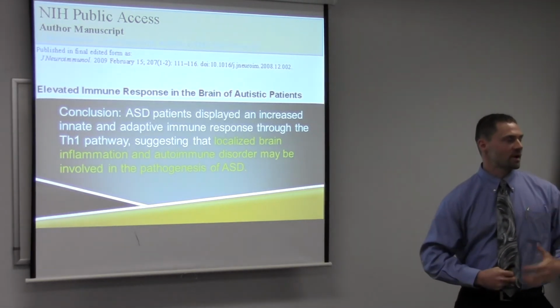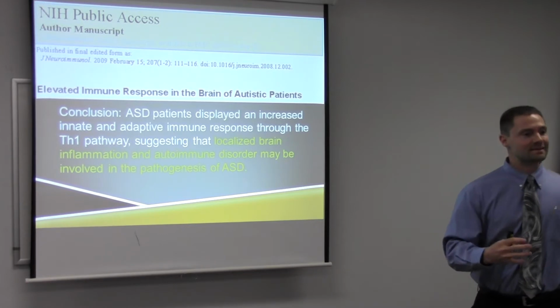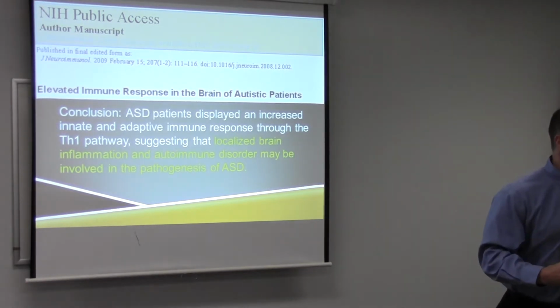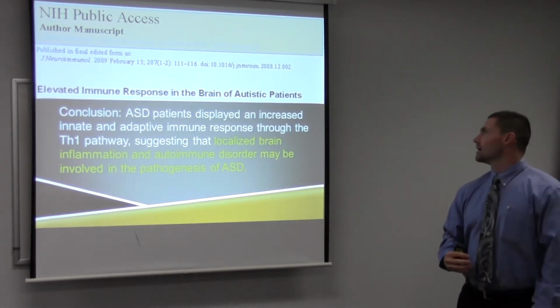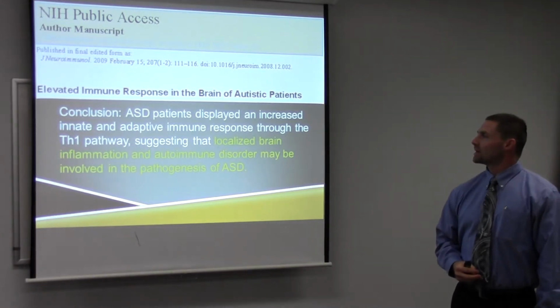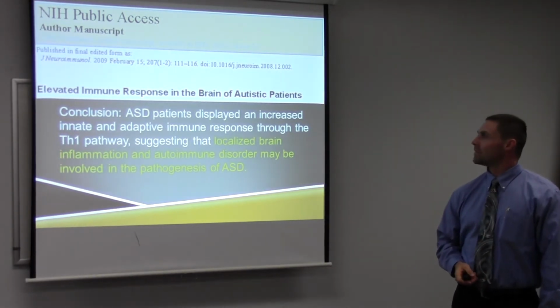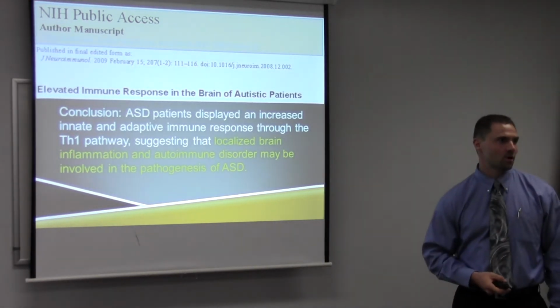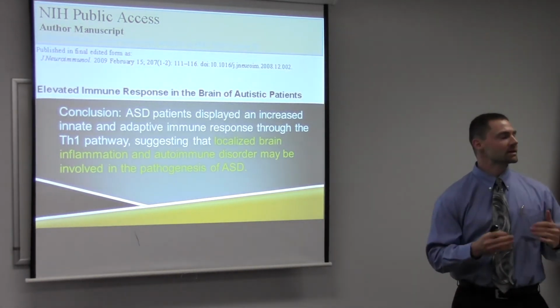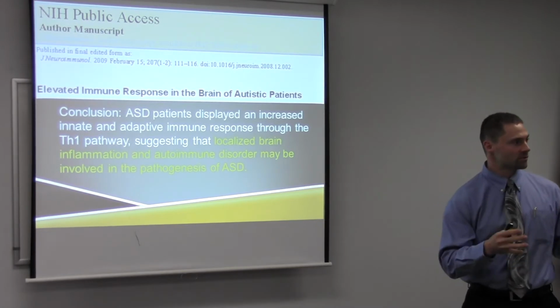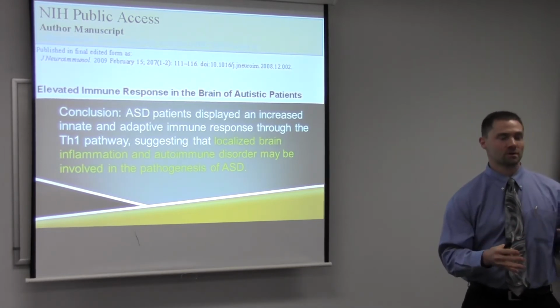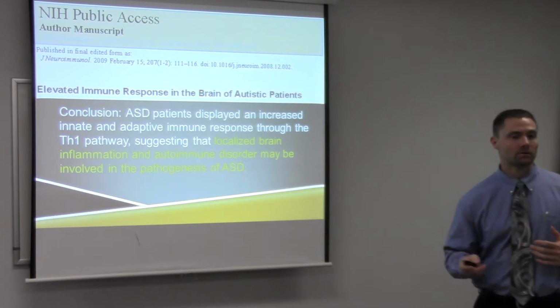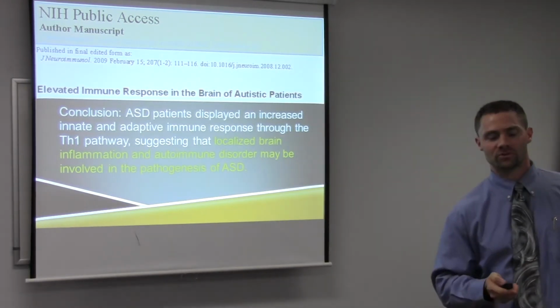So the immune system is heightened in its response, it's identified something that's wrong, and it's going after it. Okay? And what this says is that localized brain inflammation and autoimmune disorder may be involved in the pathogenesis of autism spectrum disorder. So what we typically think about as being autism is an autoimmune condition, is what this is saying.